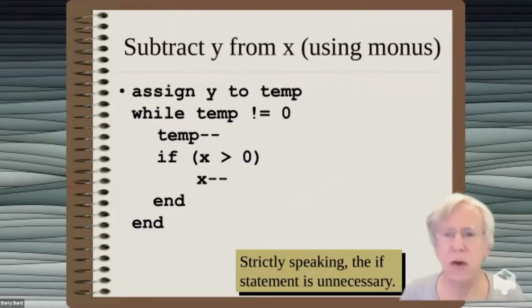We don't want to destroy y in doing this, so we assign y to a temp variable. Now we take the temp variable and we keep subtracting from it while we subtract from x.